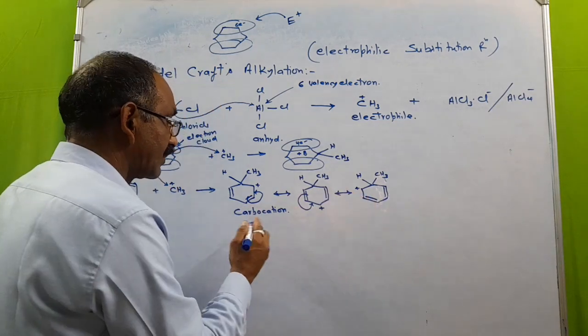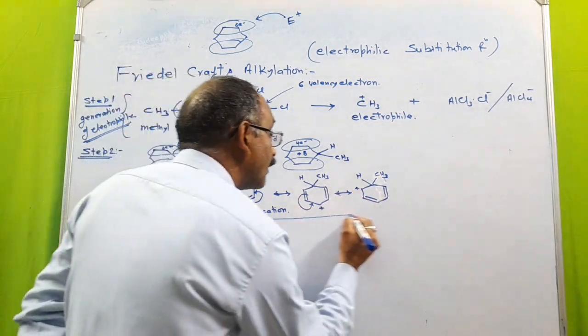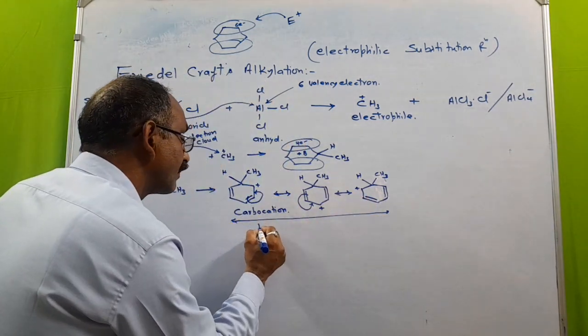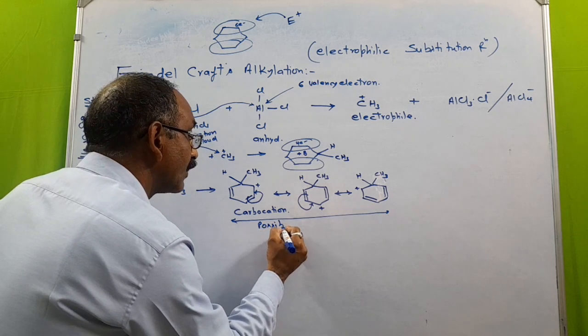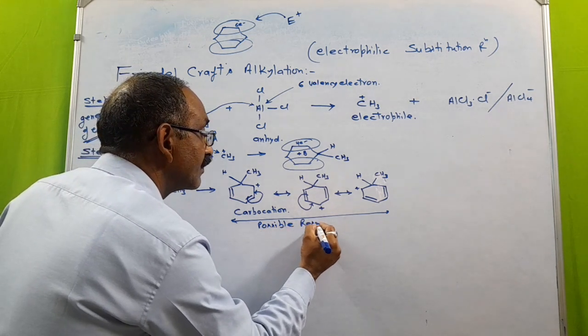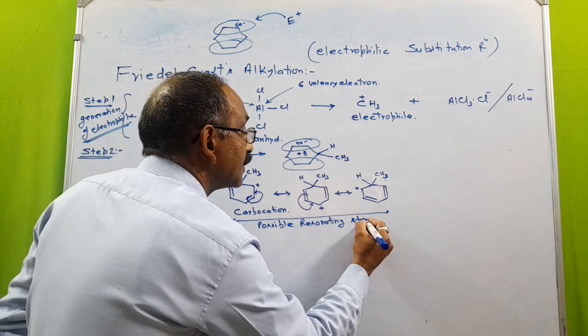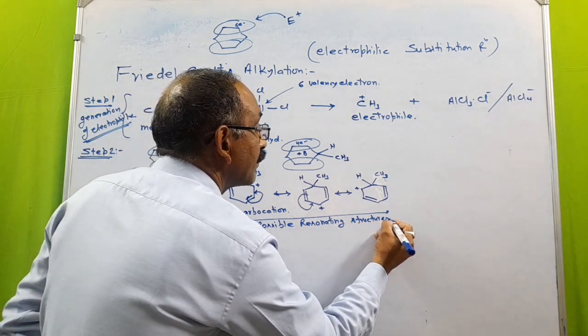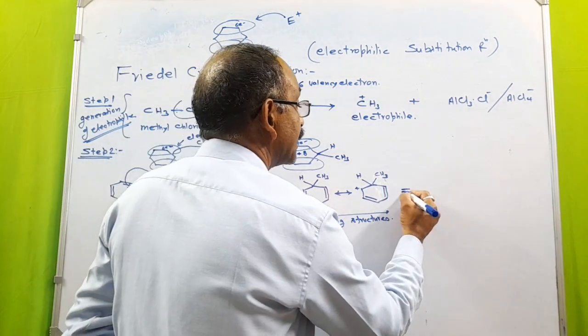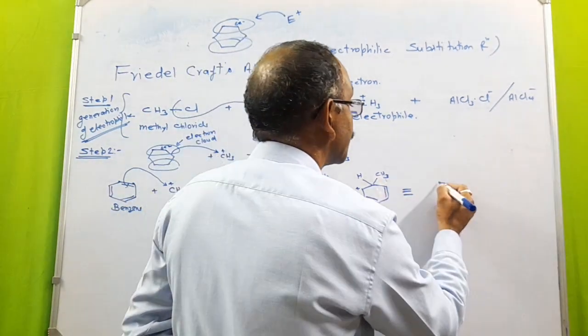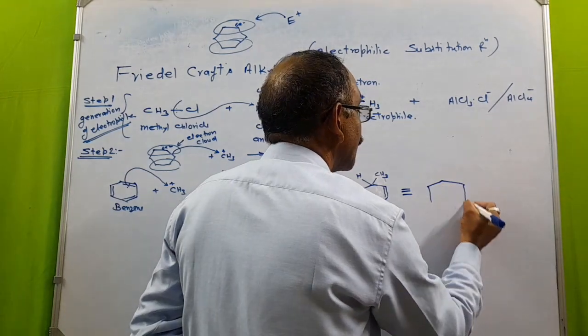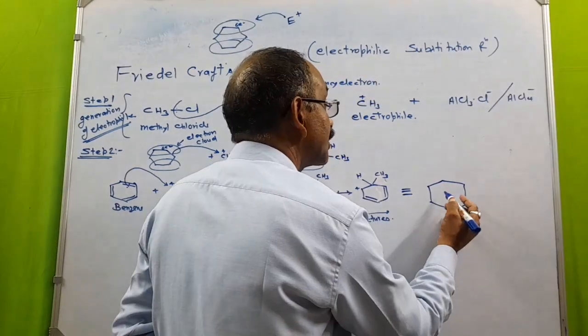Actual structure is none of these. These are the possible resonating structures. The actual structure lies in between all these possible structures.